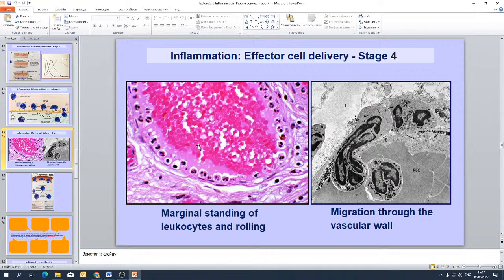What changes form during inflammation in vessels?